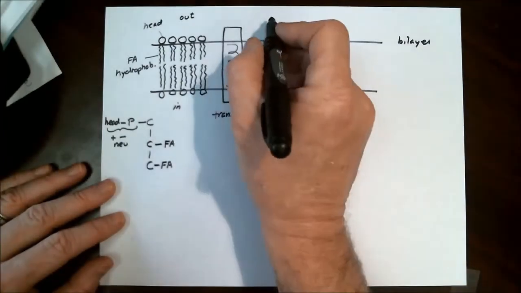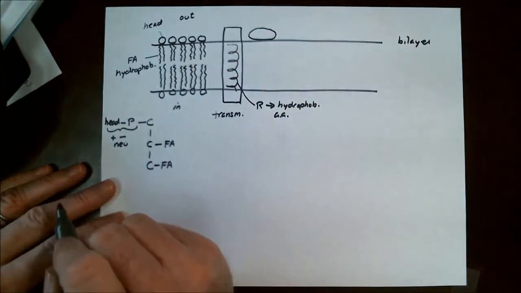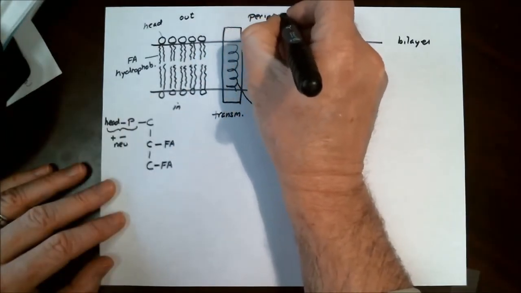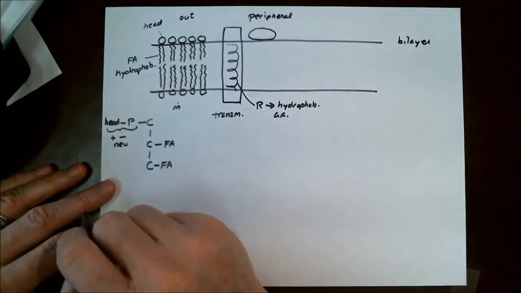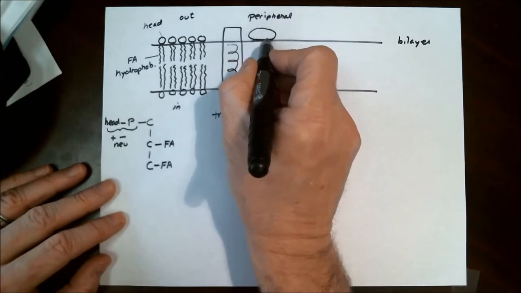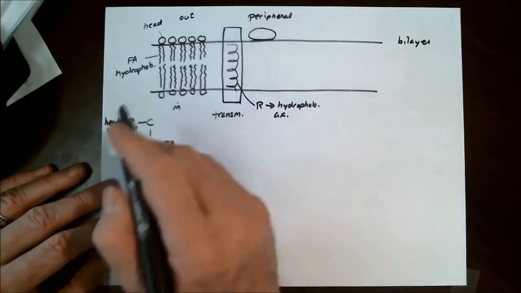We also have proteins that can be peripherally associated. These are called peripheral membrane proteins, and these proteins, you can imagine, will interact here at the interface with the polar head groups of the phospholipids.